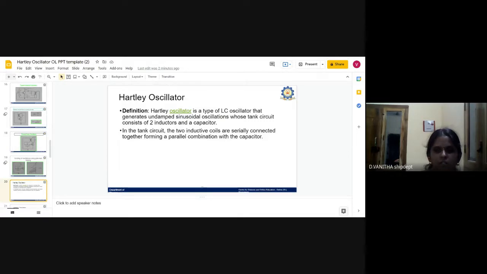The tank circuit of the Hartley oscillator consists of two inductors and a capacitor. So in the tank circuit, two inductance coils are connected serially together and it forms a parallel combination with the capacitor.